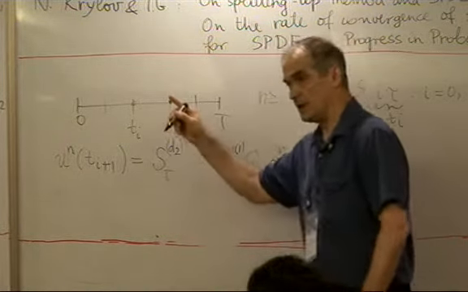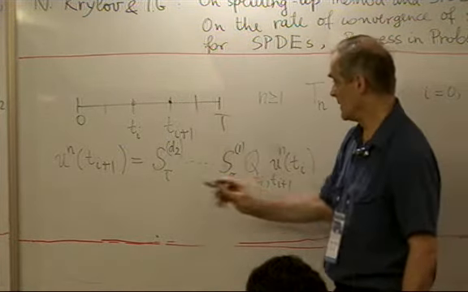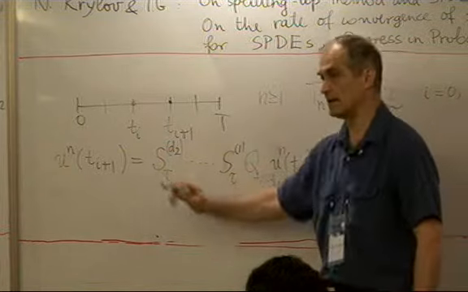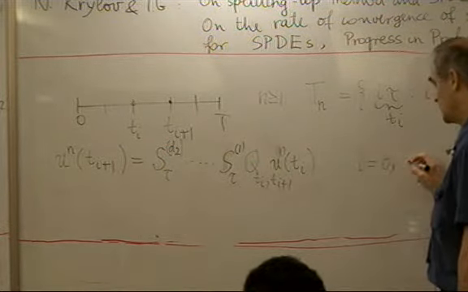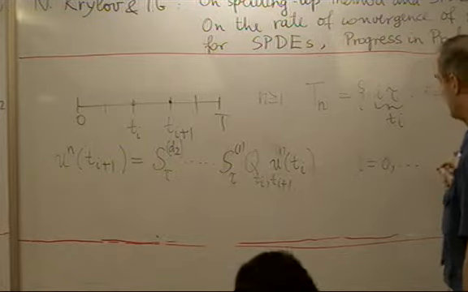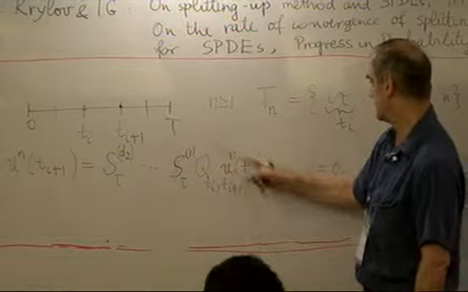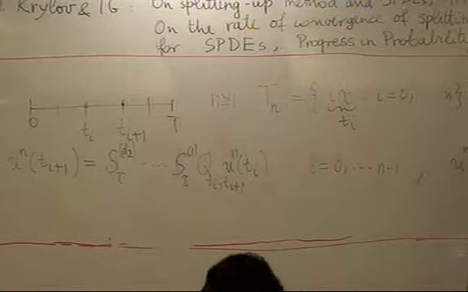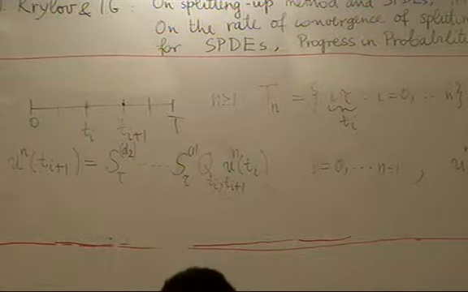So we run through all the equations, and this is for i from 0 to n minus 1, and at 0 we start with the initial condition, right?